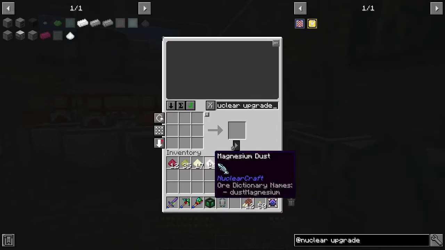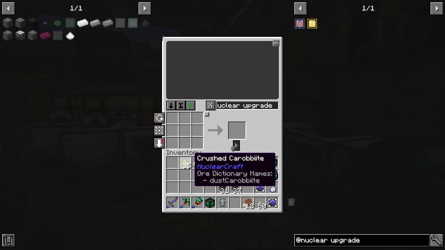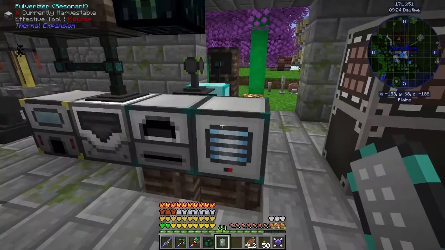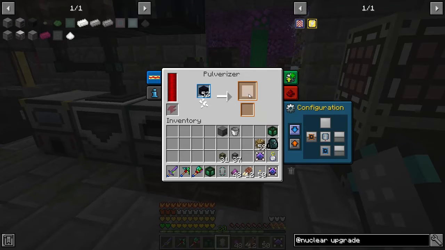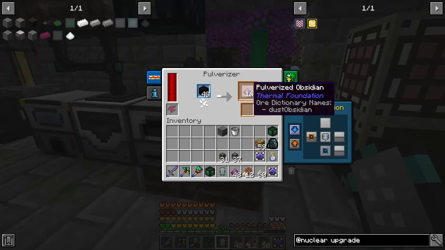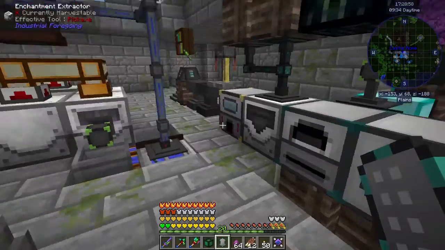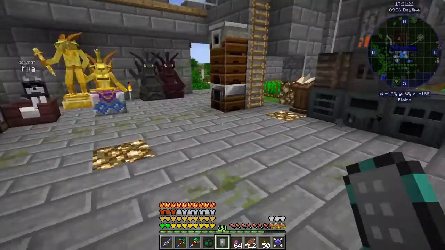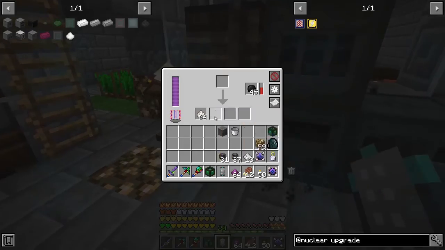Put that up, put that up. Alright, so crushed obsidian, crushed quartz.